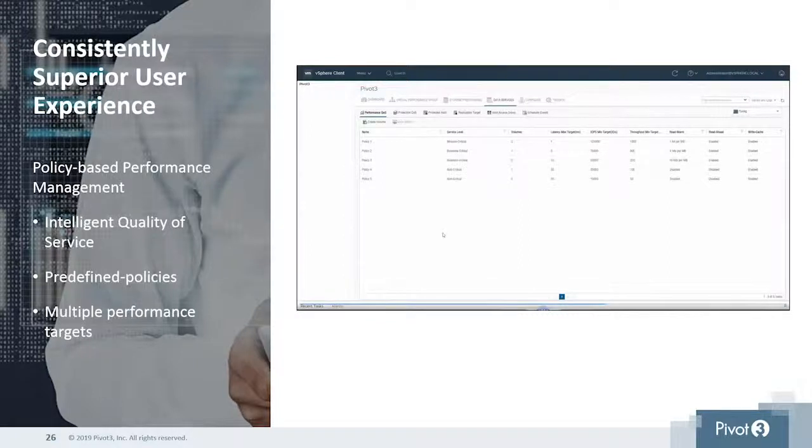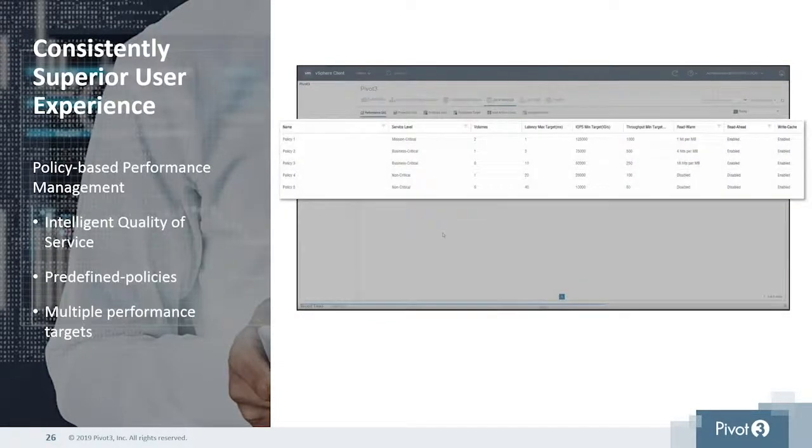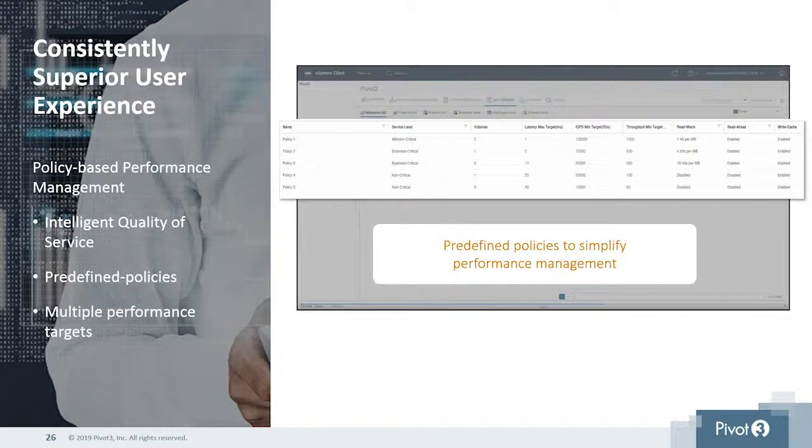So again, I'm going to talk about user experience and how you can see that. What you see here are our quality of service policies. You see 5 policies there. You also see the different SLAs these 5 policies govern. They're a comprehensive set of SLAs around bandwidth, latency, as well as IOPS. And so you can easily classify your workloads in one of these policies to ensure the workload performance.